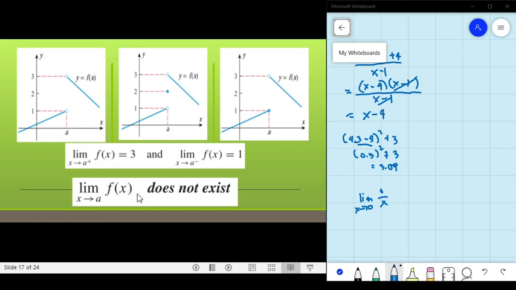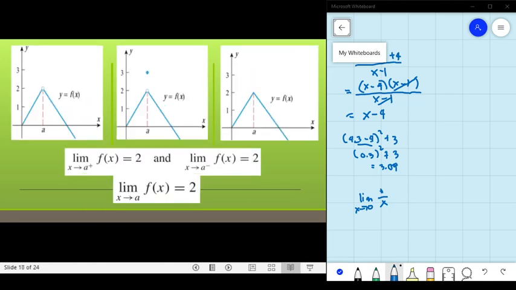So therefore, we can conclude that the limit of f of x as x approaches a does not exist. This is also the case in the previous situation.